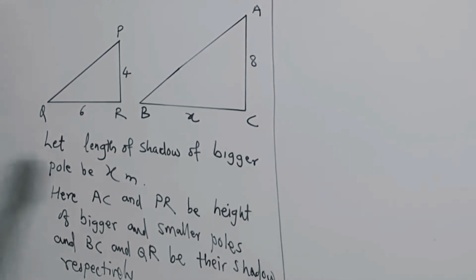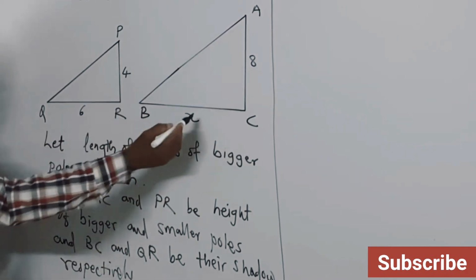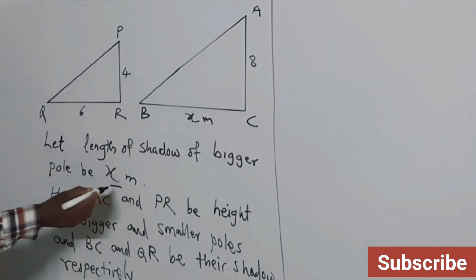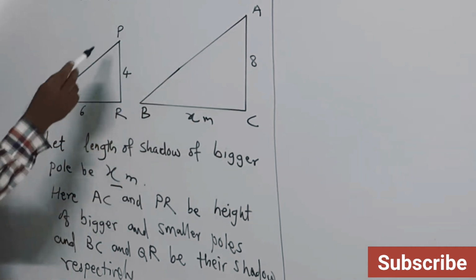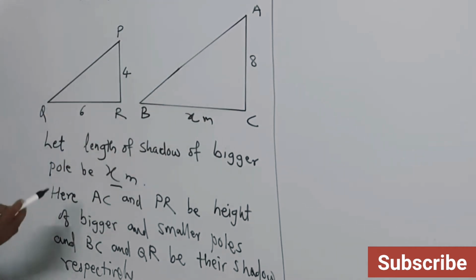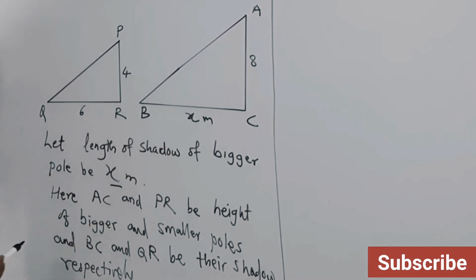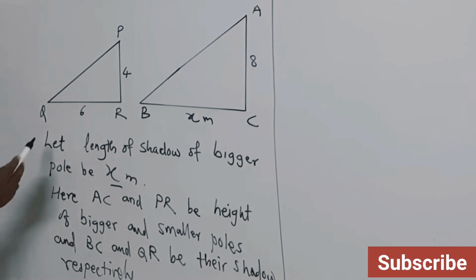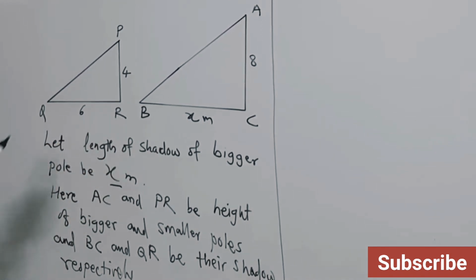So let us assume the length of the shadow of the bigger pole is x meters. Here AC and PR are the heights of the poles, and BC and QR are the lengths of the shadows of the two poles respectively.